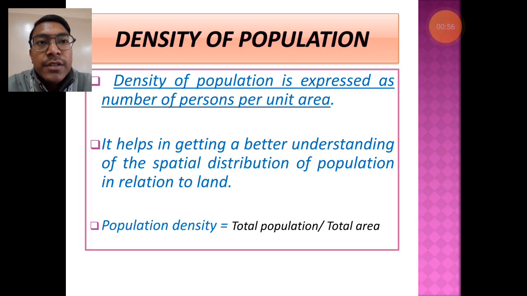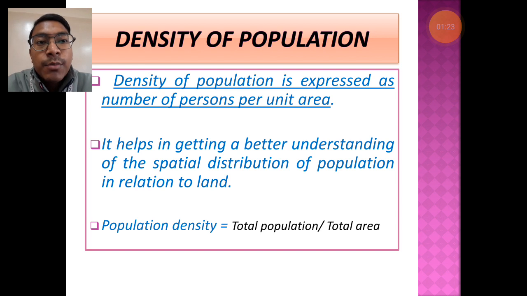See, what is density actually, or what do we mean by density of population? Density of population is expressed as the number of persons per unit area. So basically density of population is the average number of persons per unit area. That means the total average number of people in terms of the available area.